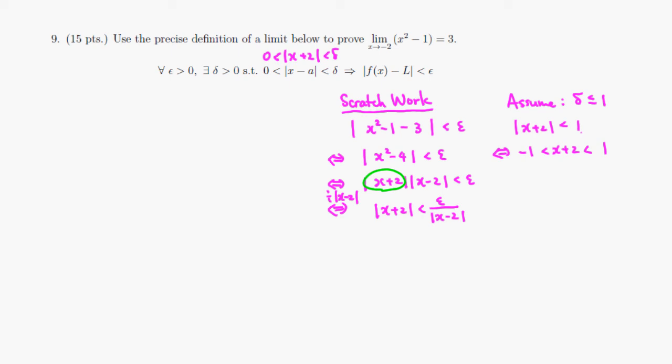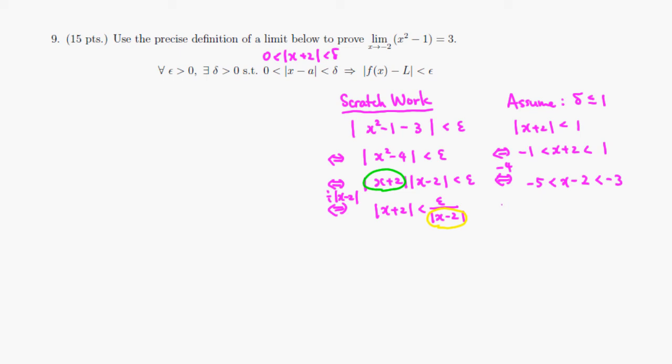Since we want to know the bound for x minus 2, I'm going to subtract 4 to make x minus 2 instead of x plus 2. So we have negative 5 is less than x minus 2 is less than negative 3, right?